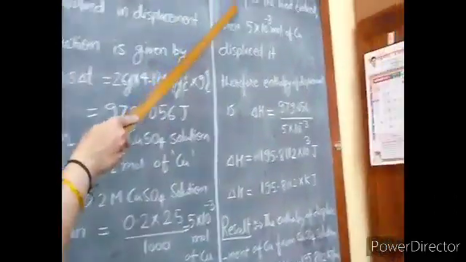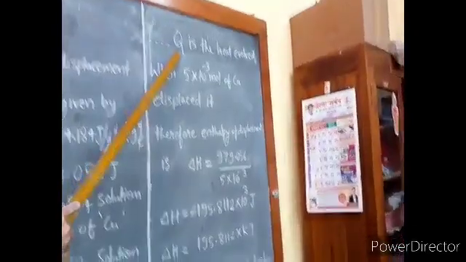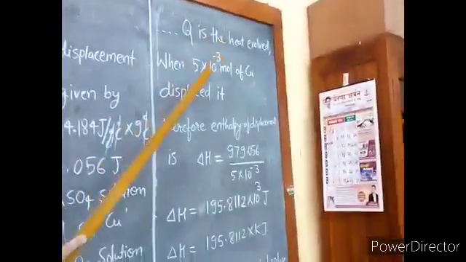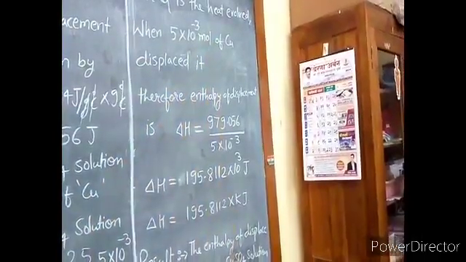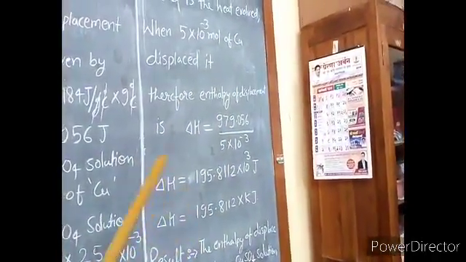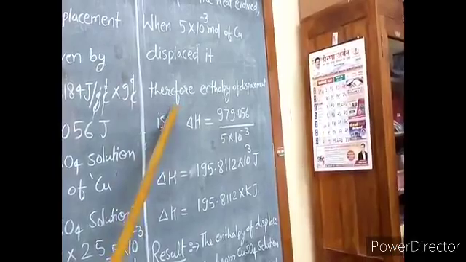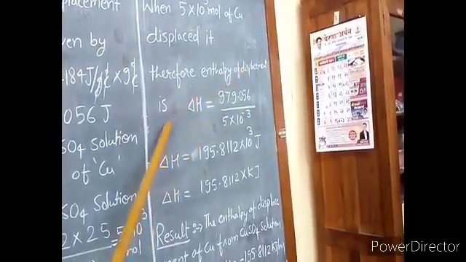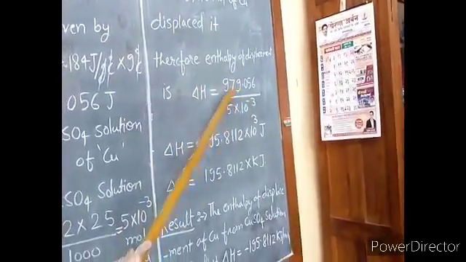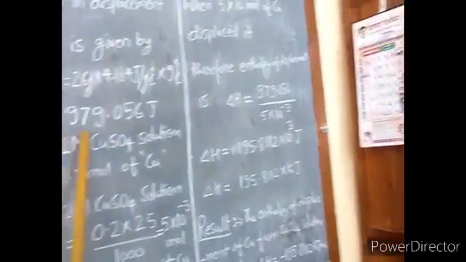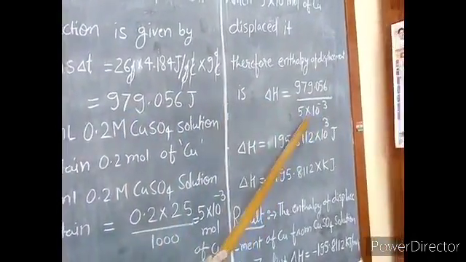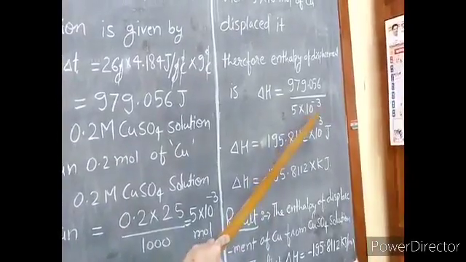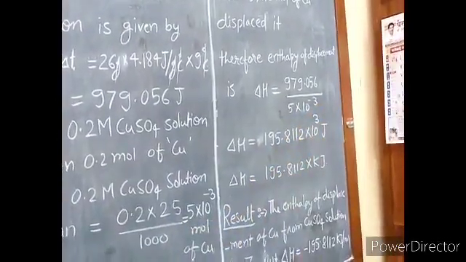Now we will determine the heat evolved when 5 into 10 raised to the power minus 3 moles of copper are displaced by zinc. Therefore enthalpy of displacement, delta H, is equal to Q, that is heat evolved during the displacement, divided by number of moles of copper, that is 5 into 10 raised to the power minus 3.